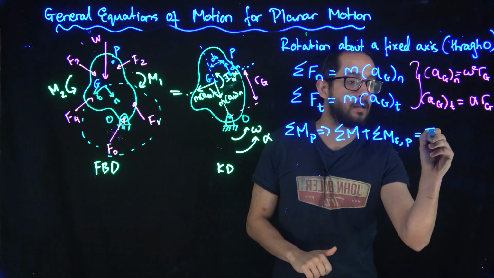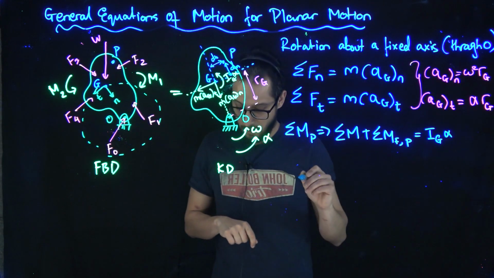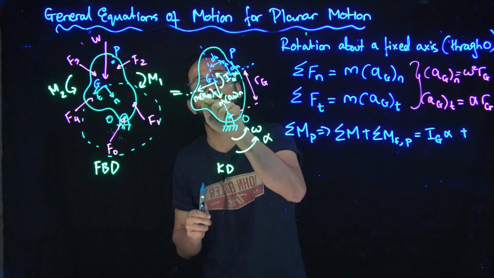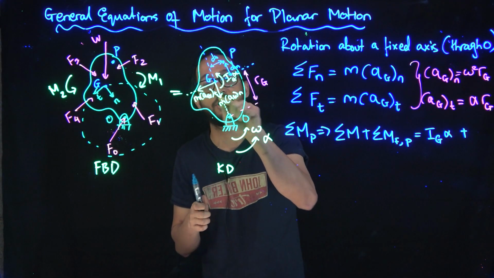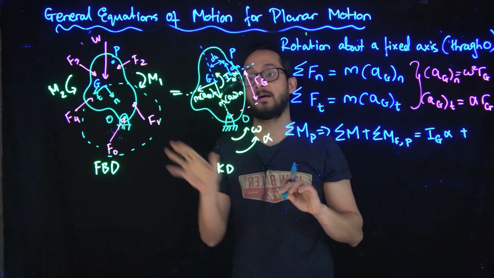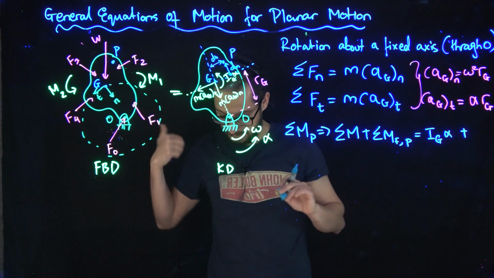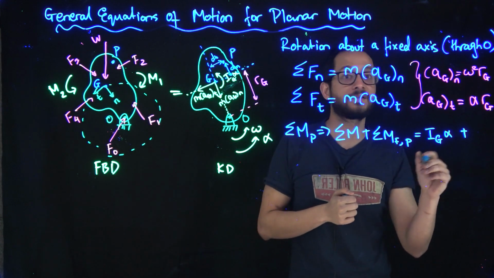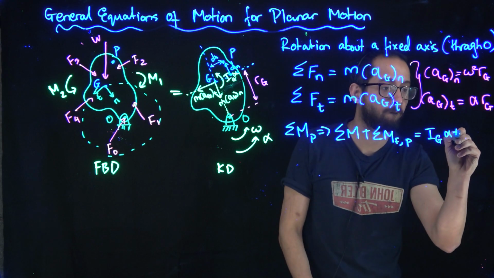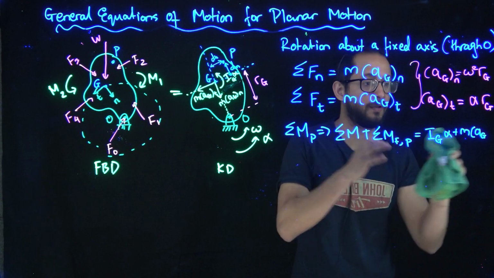That equals my Ig alpha term in the kinetic diagram, right? Plus, now, about the point P, I'm going to have to take components of both MAG tangential and MAG normal. That's why I drew out these dt and dn terms. So for my AGN, it's going to be positive, and AGT, it's going to be negative. I'm going to run out of space over here.